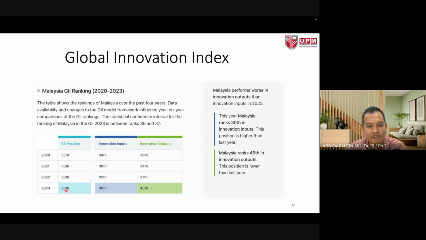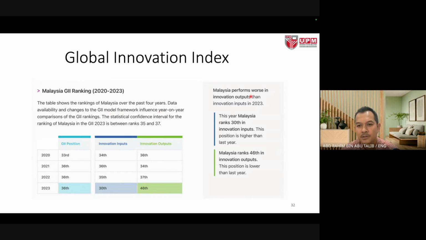Malaysia is still at number 36, where we have innovation inputs at number 30, innovation output we are at 46. So this table shows the ranking of Malaysia over the past 4 years. Data is actually coming from the GII framework produced by the United Nations. So you can download it. You can Google Global Innovation Index for Malaysia. You will get the full report.